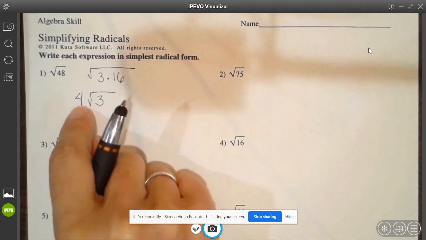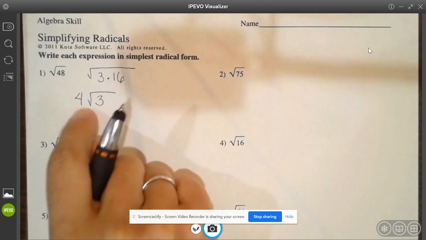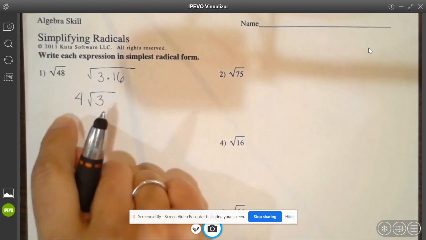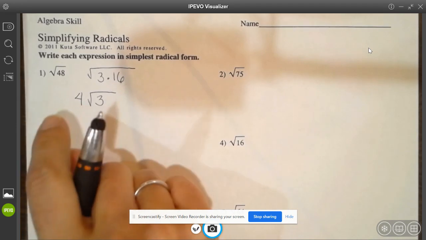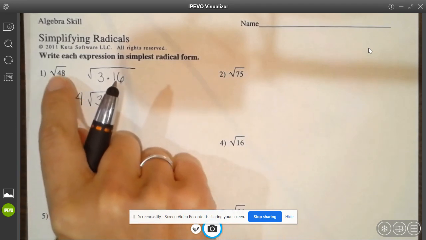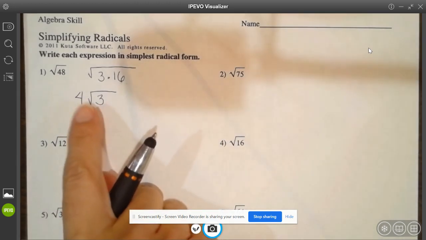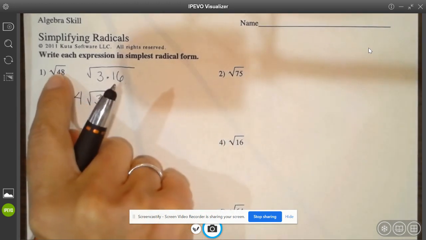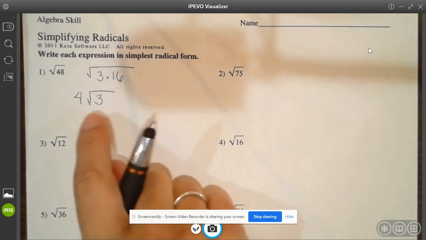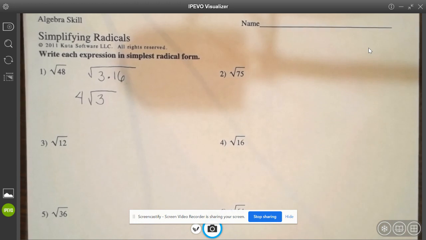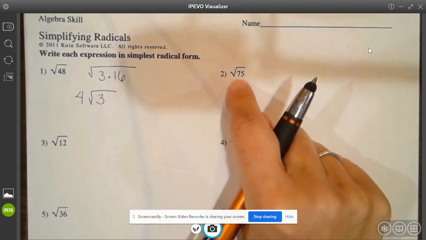If you put 4 times the square root of 3 in the calculator, you will get the same decimal that you got when you did the square root. It's just a nicer way to say this is the exact simplification without having to write all those decimals.